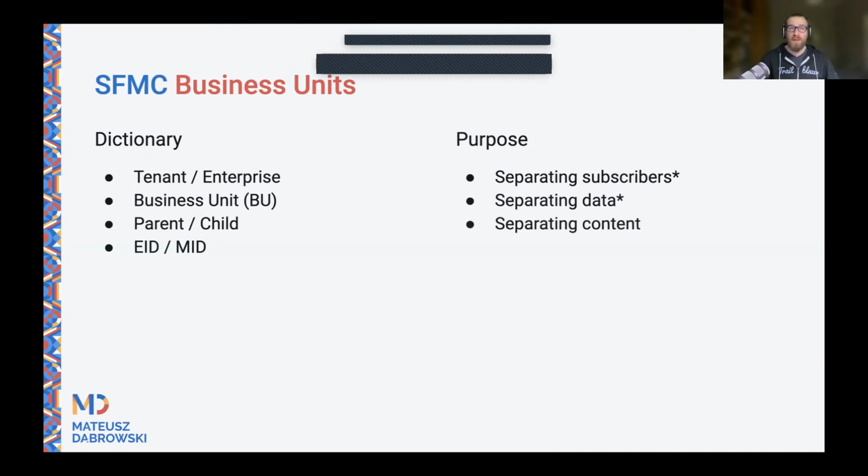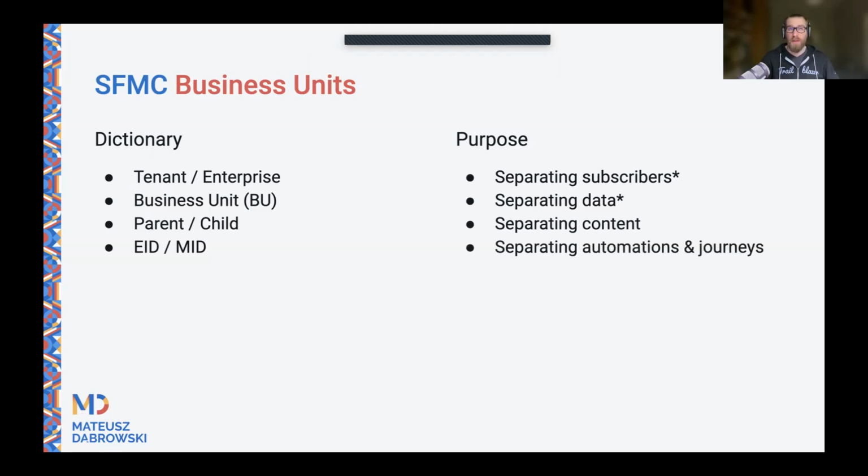Another reason for the business units is the separation of the content. So again, for example, if you have separate brands, or if you have separate countries, markets within one Marketing Cloud account, you might want to create business units to not mix various languages or various brandings in a single business unit.